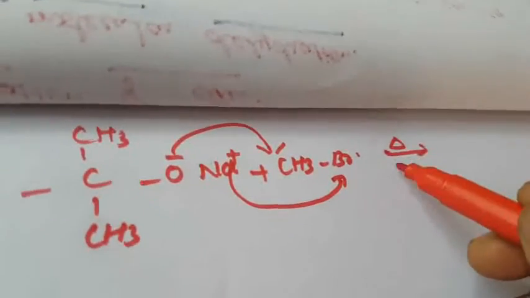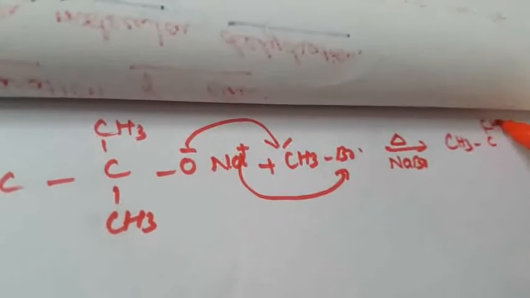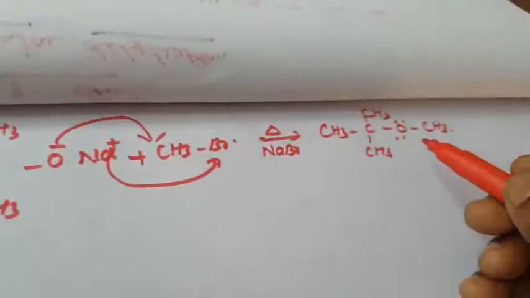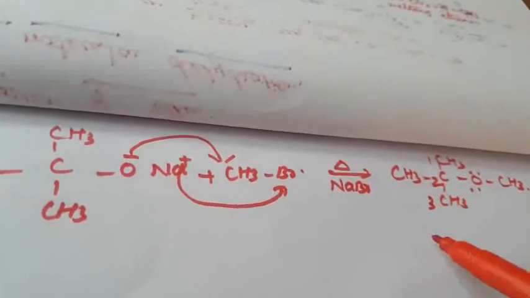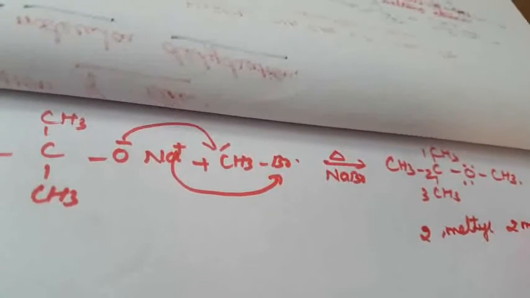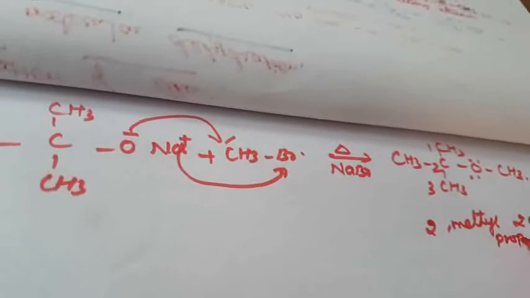So when we heat, NaBr will be liberated, remaining compound CH3OCH3. Okay, so what is this compound name? Methoxy isobutane, that is tertiary butyl or methoxypropane. Methoxy. So how to write? 1, 2, 3. 2-methyl, 2-methoxypropane.